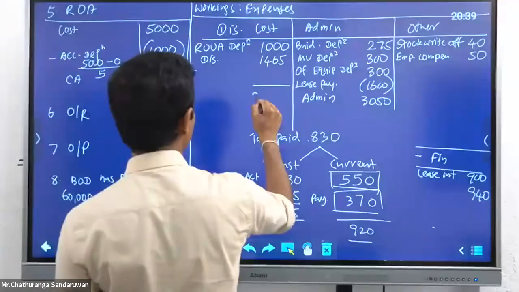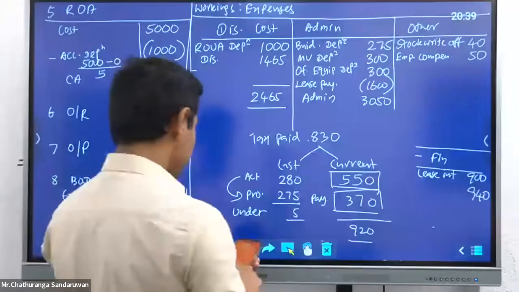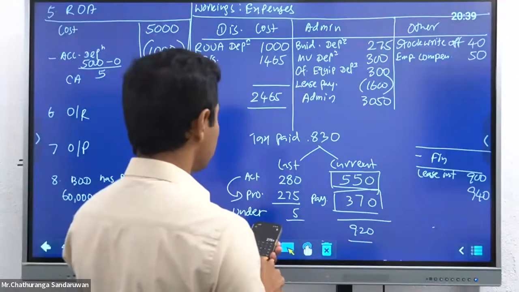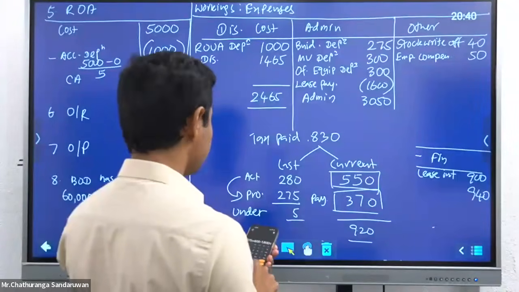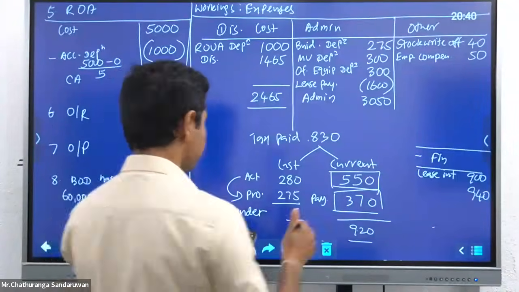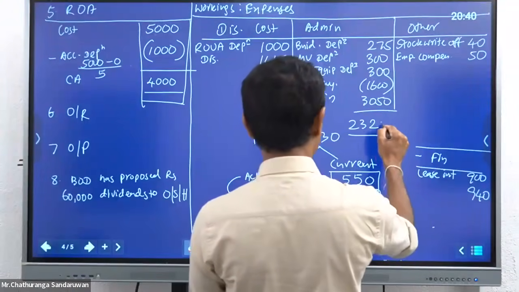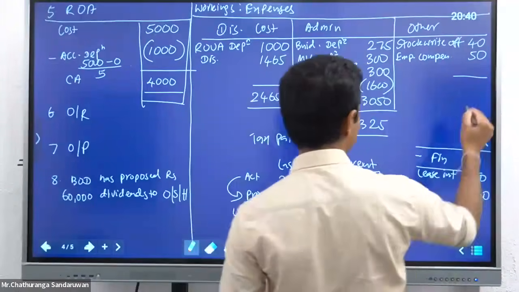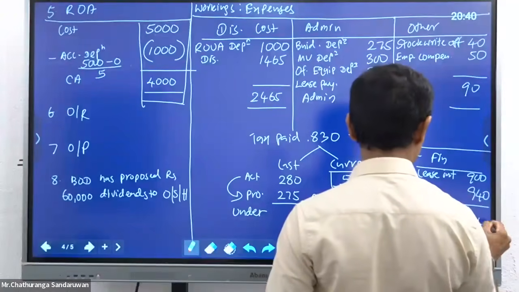So we can take the balances. Total distribution cost is 2,465. Admin expenses, let's get the total. 275 plus 600 minus 1,600 plus 3,050, it's 2,325. Other expenses 90. Finance cost 1,840.